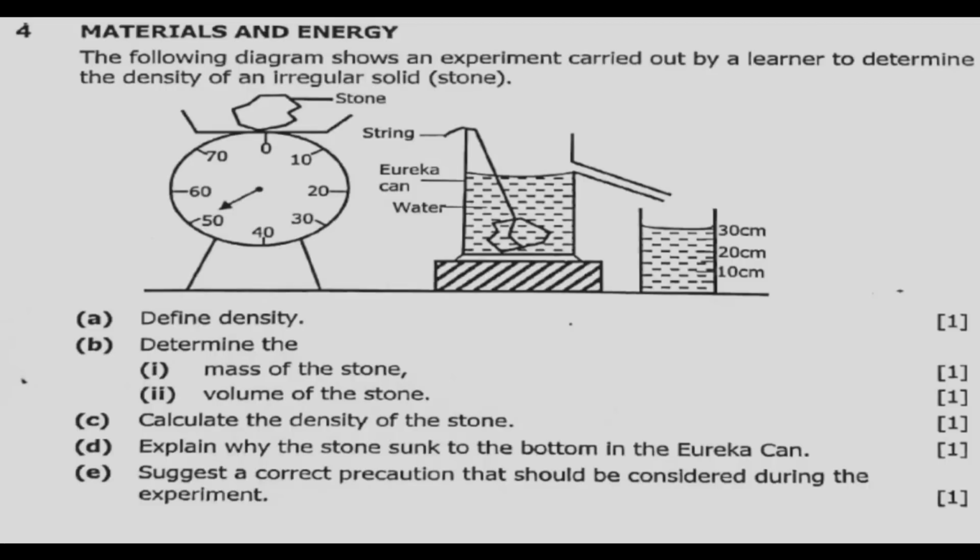On the screen you can see it. Make sure you study the diagram, look at the reading of the mass of the stone, and also the reading of the liquid once the stone is immersed in water. Question 4a is define density.